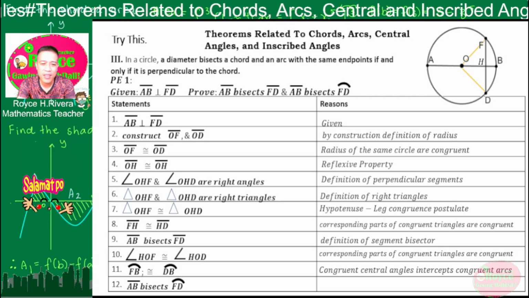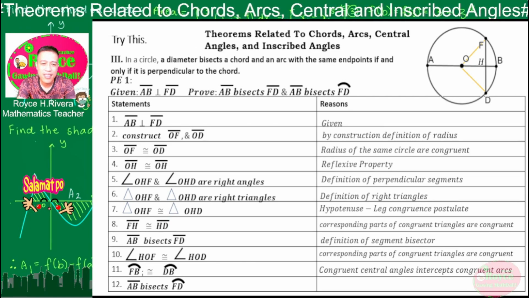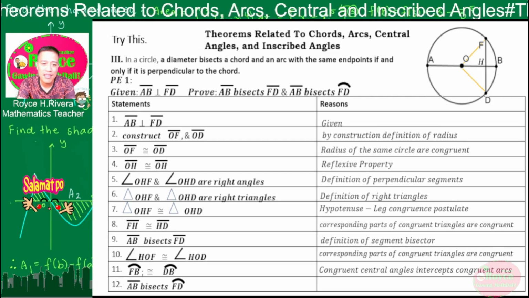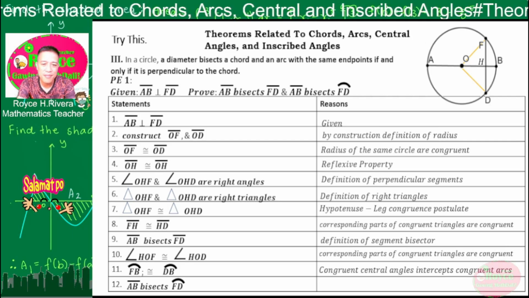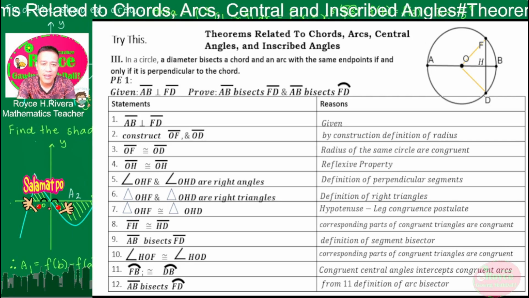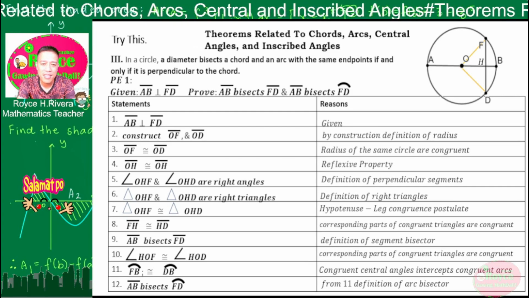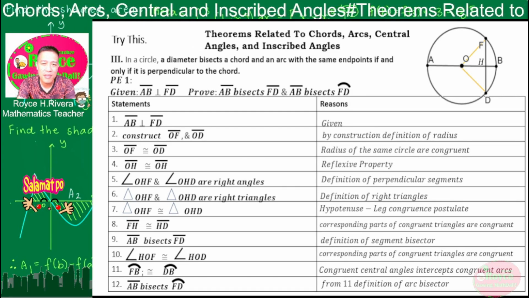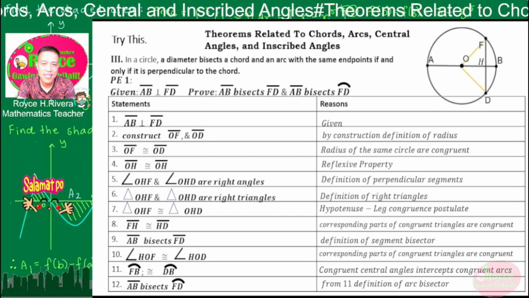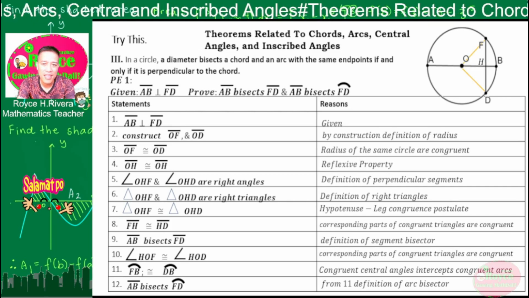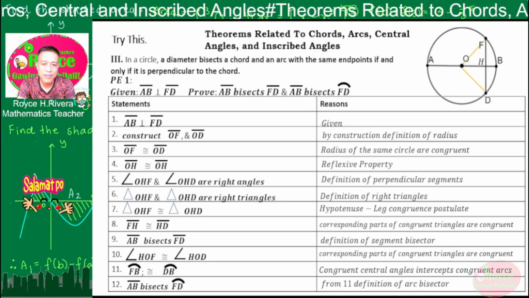And statement number 12, we can conclude that diameter AB bisects arc FD. For the reason, from statement 11, definition of arc bisector. Diameter AB divides arc FD into two congruent arcs.